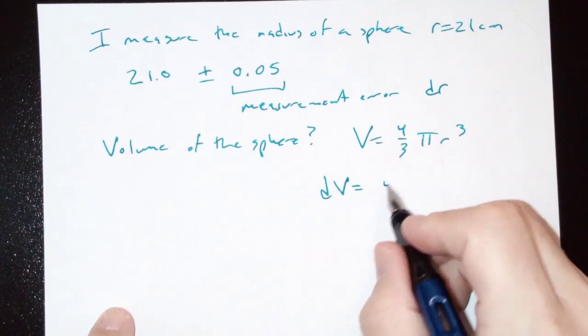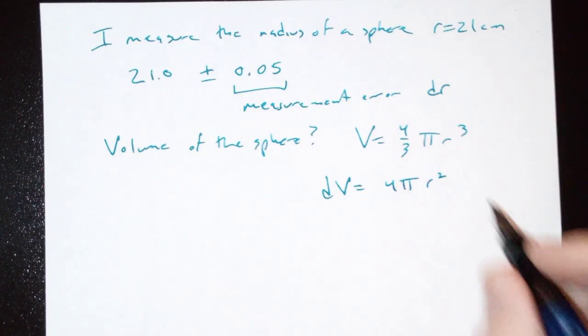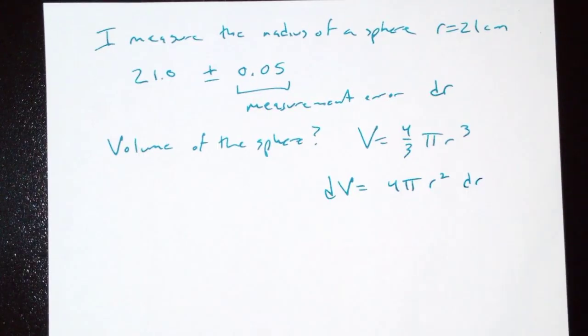I'm good with that, 4 pi r squared, but there's one other thing there, Jack. dr. You just said where I take the r as u, right? Then I need the derivative piece, don't I? This over here looks just like our related rates, doesn't it? The only thing that's missing is the dt's. This is the same idea as our related rates.